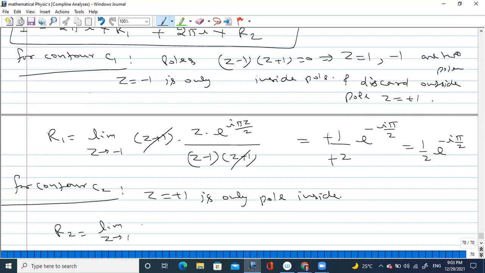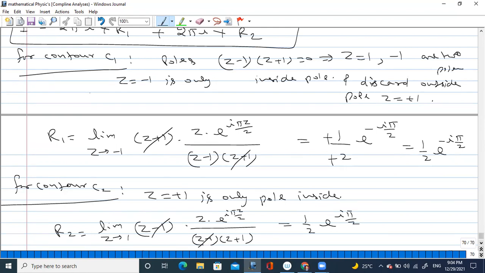Limit z tending to 1, and z minus z0 will be z minus 1, into f(z), which is z e to the power i pi z by 2 divided by (z minus 1) into (z plus 1). So z minus 1 cancels. Put z equal to 1. It will become 2, and it will become 1. So the answer is 1 by 2 e to the power i pi by 2, with z equal to 1. So this R2 is this much.